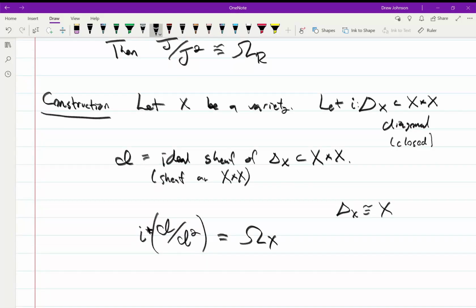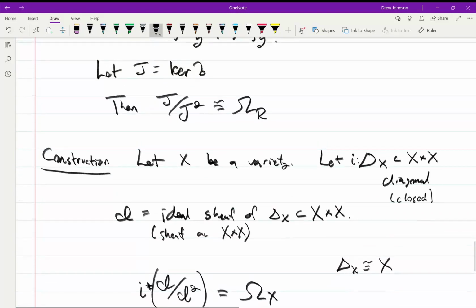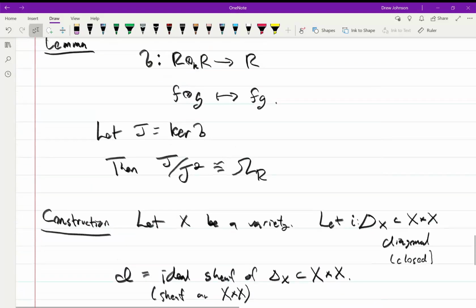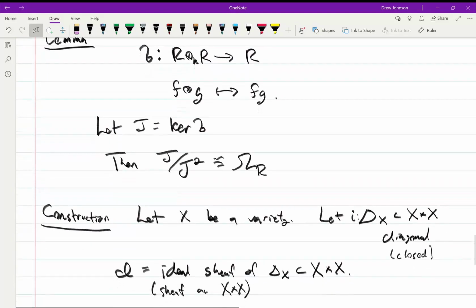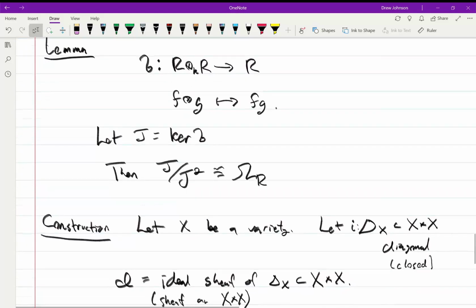All right. So the point of this construction is if you restrict to the affine case, or take an affine open cover, then this thing that we just did corresponds exactly to what we did in this lemma here, right?